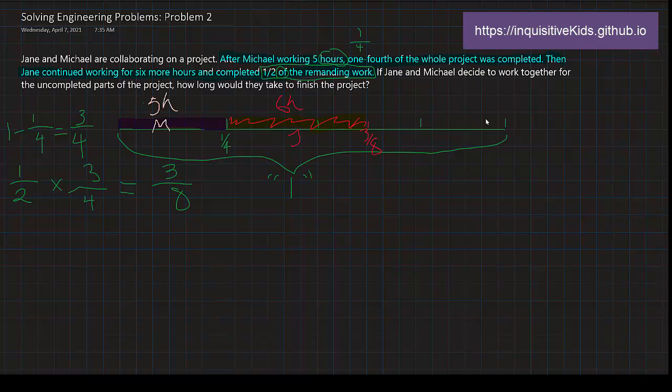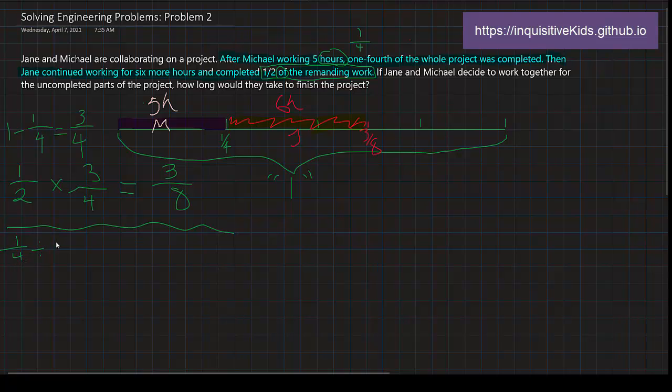Look, over here it already said that after Michael worked 1/4 of the whole project, he had to use 5 hours to do that. So that's our time. So this is how much he completed, and this is how much time. To find the work efficiency, we have to divide 1/4 by 5. That's 1/4 divided by 5 is equal to 1/20.